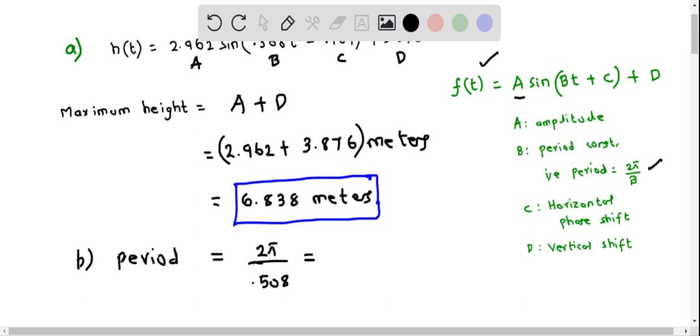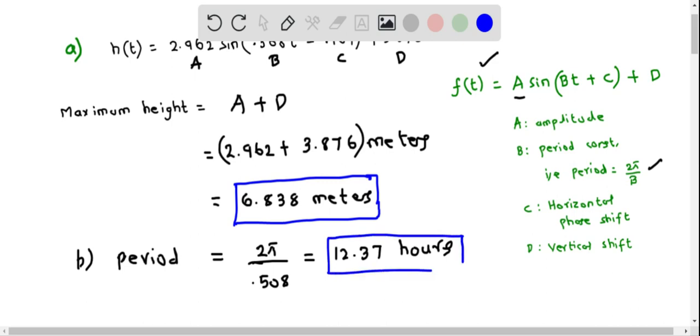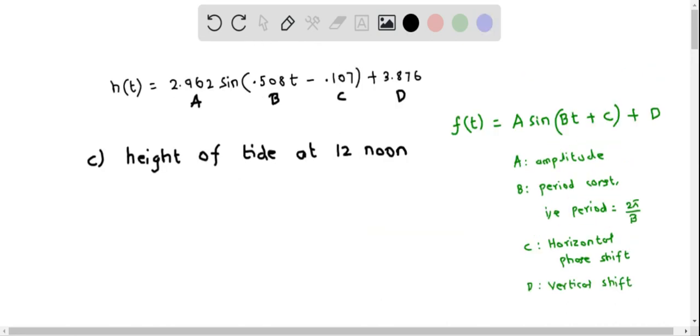When we calculate this, we get approximately 12.37, and the unit of the period is hours. Therefore, we have determined that the period of this sinusoidal function is 12.37 hours.